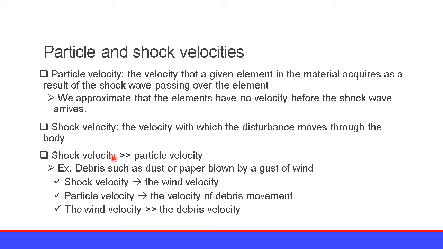For example, debris such as dust or paper blown by a gust of wind. So shock velocity corresponds to the wind velocity, and particle velocity corresponds to the velocity of debris movement. And as you can see, the wind velocity is faster than debris velocity. So shock velocity is always faster than particle velocity.